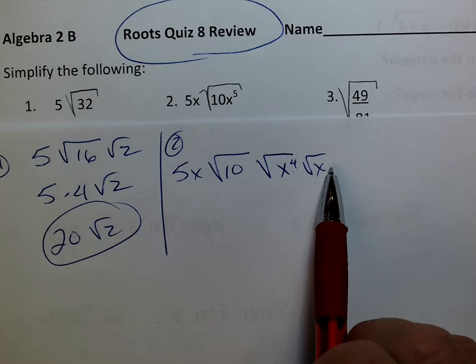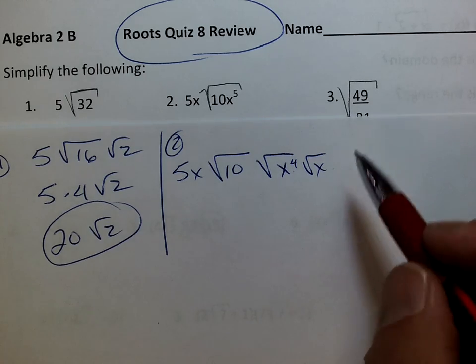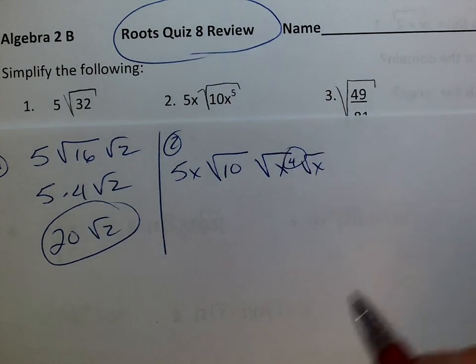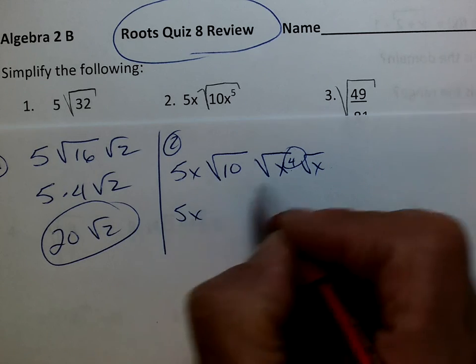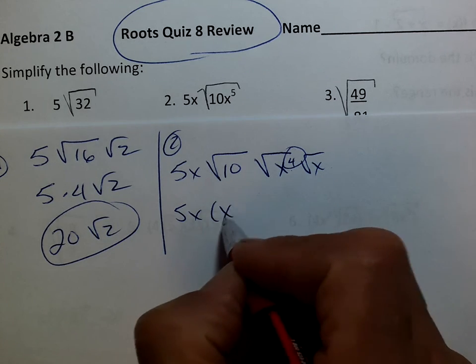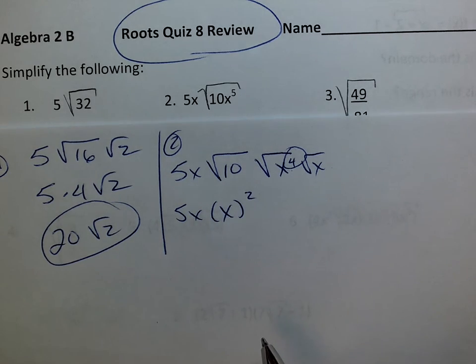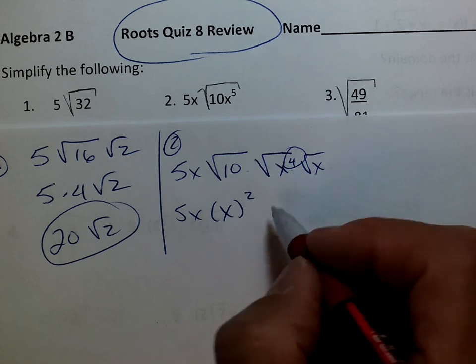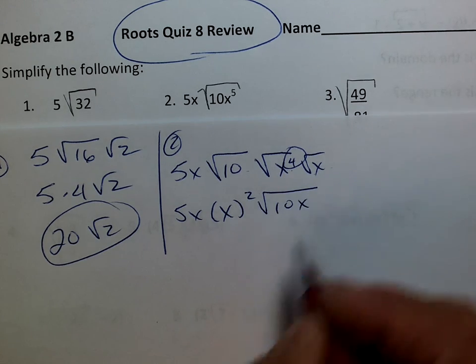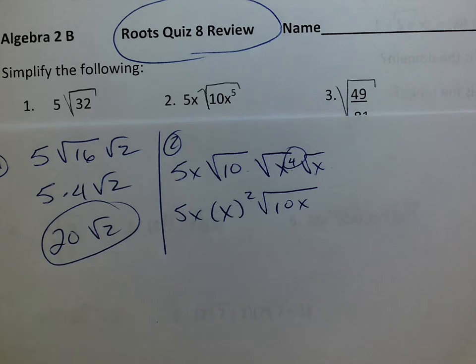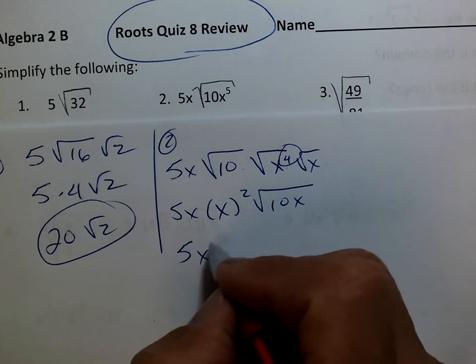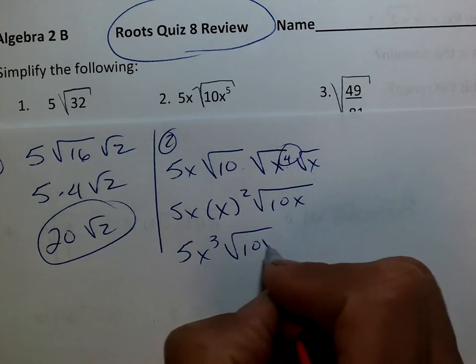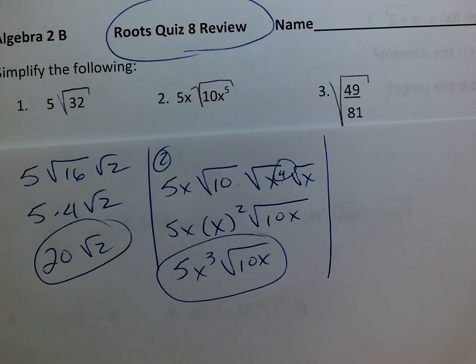So if I take 1 away from it, I get an even number, okay? So that way I can take half the exponent, so I'll have a 5x. Half of that is an x to the 2nd. There is no square root of 10 or square root of x, so I'll just leave it as the square root of 10x. Now, tidy it up. 5x cubed square root of 10x. Boom. Done.